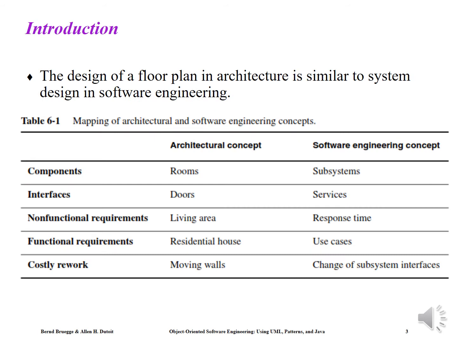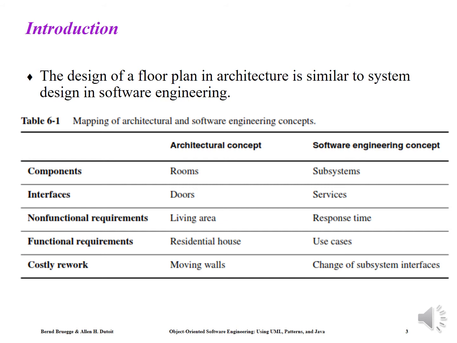So the design of a floor plan while making an architecture of a house is similar to system design in software engineering. The table given maps the architecture and software engineering concepts to give you a better understanding of it.